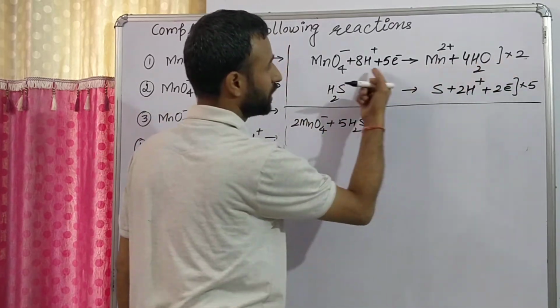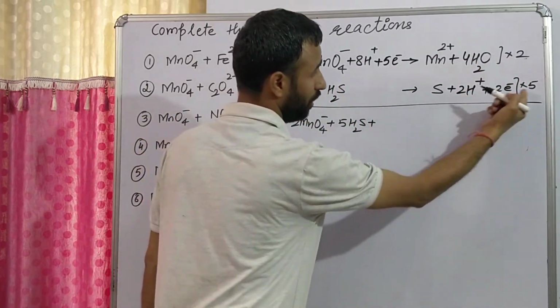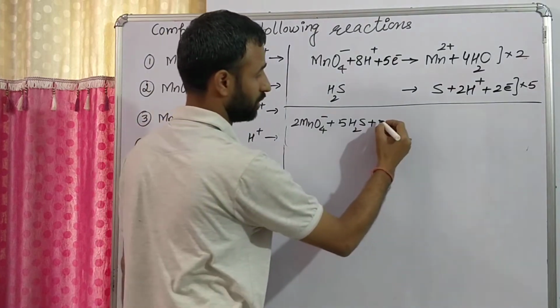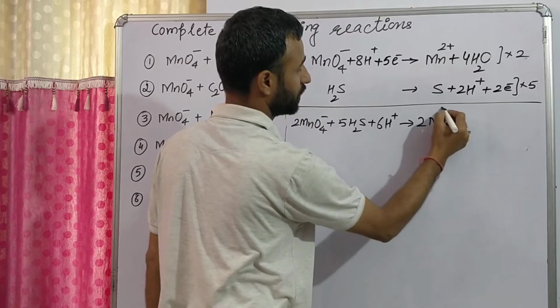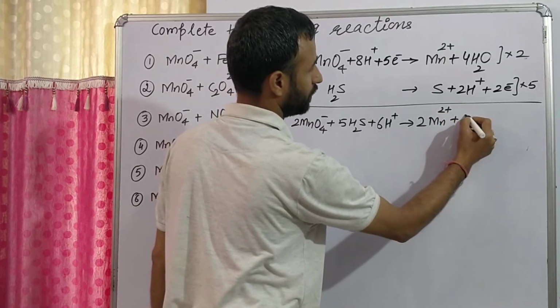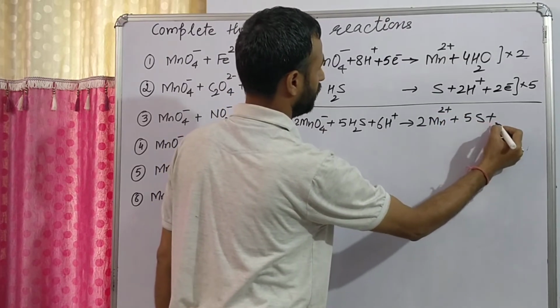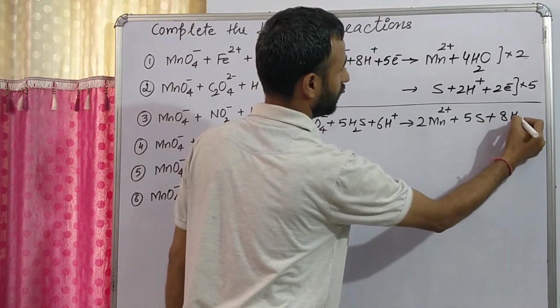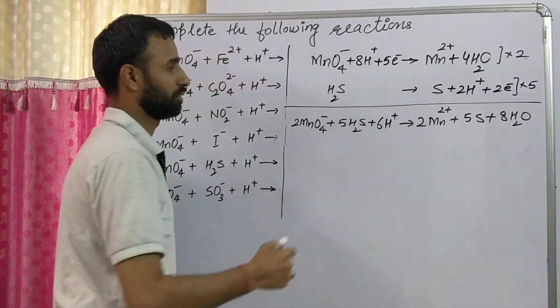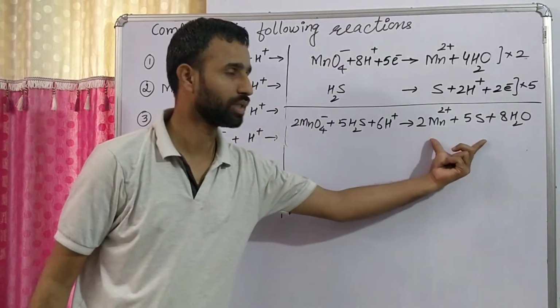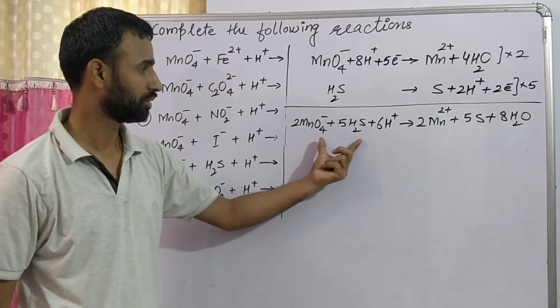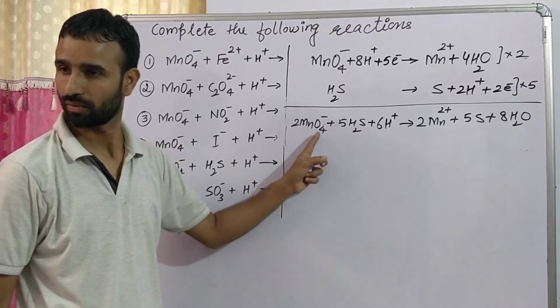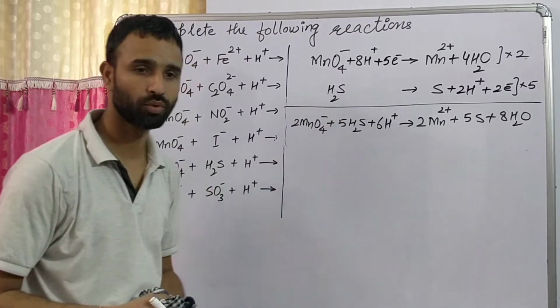On this side 16H plus, 10H plus, net 6H plus. Then 2 Mn2 plus, 5 sulfur and 8H2O. Again verify. On this side 4 positive. Here 6 positive and 2 negative, 4 positive. That means both are balanced.